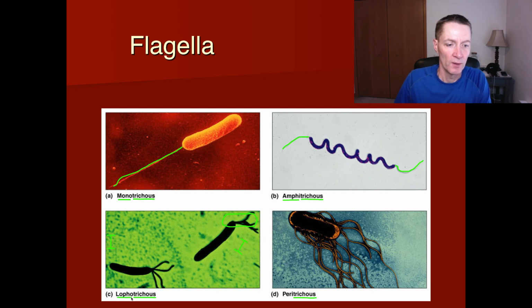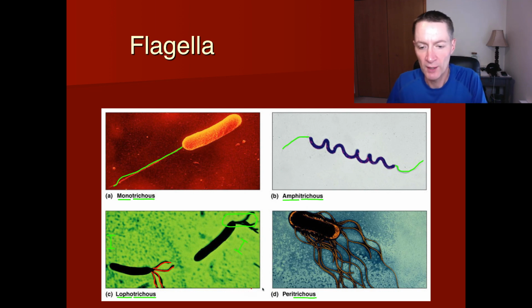Lopho is a bundle, a bunch of them all together. So here we see, let's switch to red here for a second, that they're all kind of in a bundle at the end of the cell, in a bunch like that. Actually, lopho means tuft or cluster, so that makes sense.